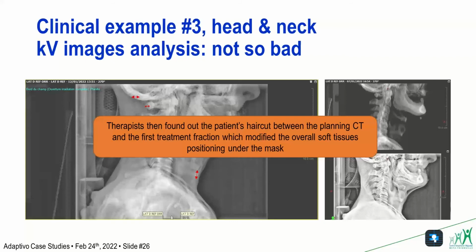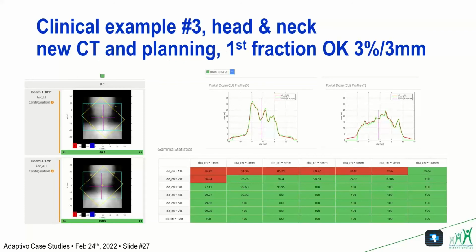And we actually found out that the patient had a haircut, and this haircut was modifying the overall soft tissue positioning. At this point, we decided to scan the patient again. So we had a new planning CT and replanned the treatment.